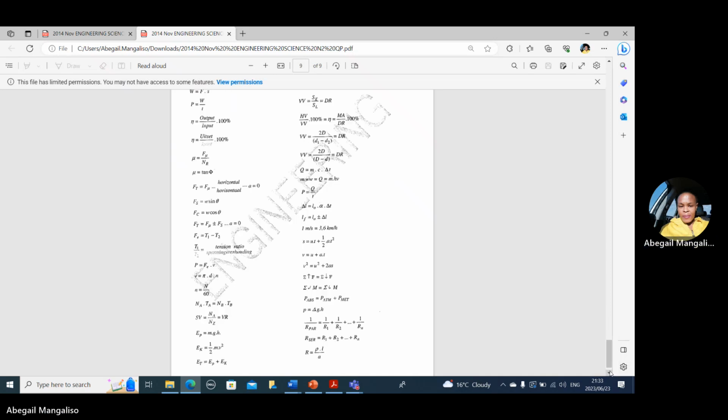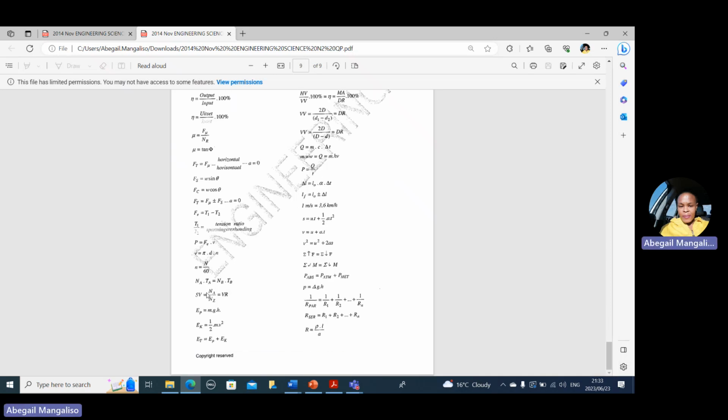If work is done against gravity, work done will be equal to potential energy, because this mg is W for weight, which is the force, and the height here will be the distance. So if it's done against gravity, you can simply calculate potential energy, which is also measured in joules, just like work done.